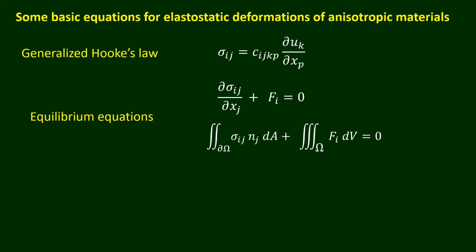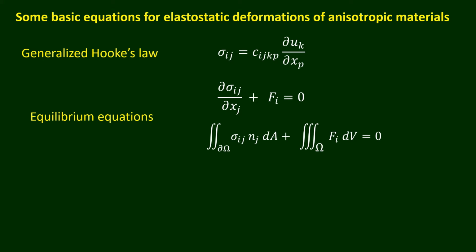Note that Ω denotes the three-dimensional region occupied by the material, ∂Ω is the surface bounding the region Ω, and ni is the xi component of the unit normal vector to the surface ∂Ω pointing out of Ω.